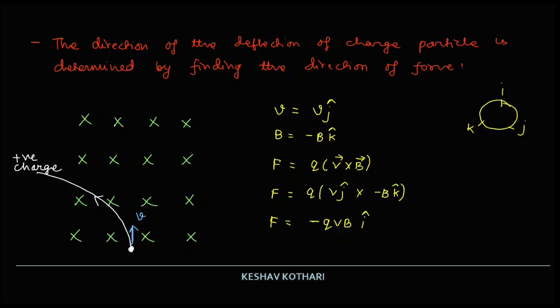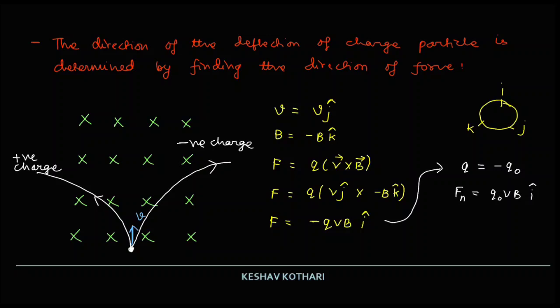And for the negative charge, if I replace q with a minus q naught charge, the force on the negative charge Fn will become q naught vB i cap, that is, the direction will be altered, so it will go in the positive direction, that is, the deflection of the negative charge will be something like this.